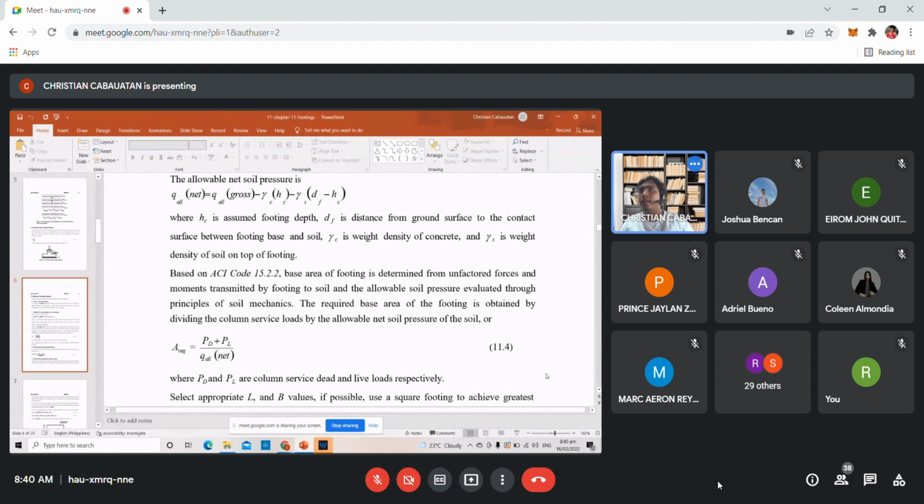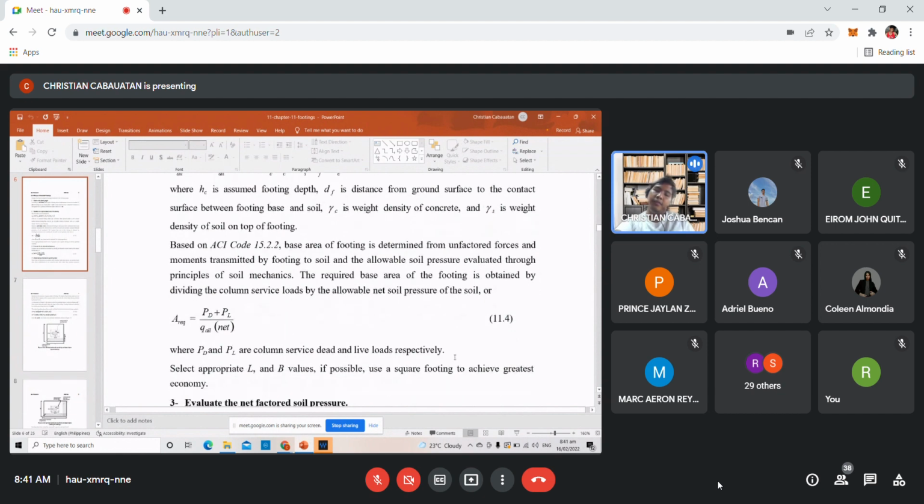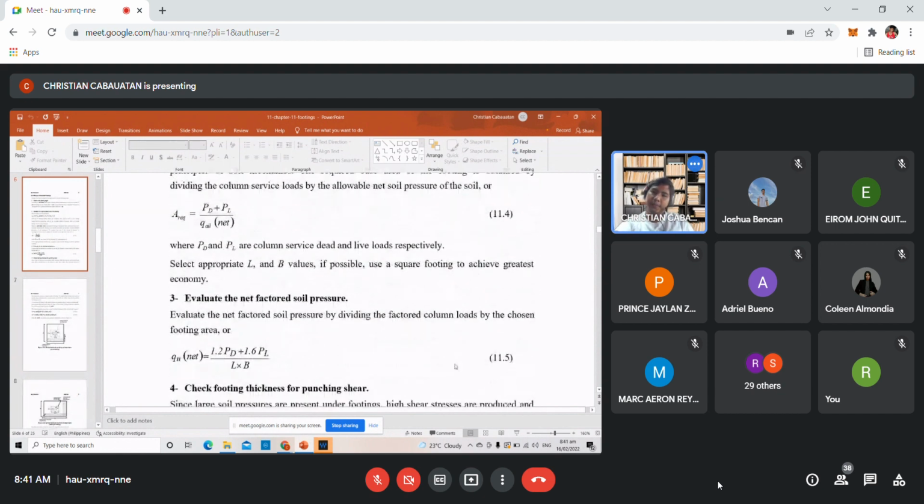I think you were applying it in the design. Laging nilalagay yan sa design. Madalang lang nilalagay sa geotech. Okay? So, for L and B values, it would be possible to use a square footing. Mas mabilis na gamitin ang square footing because to achieve greatest economy.